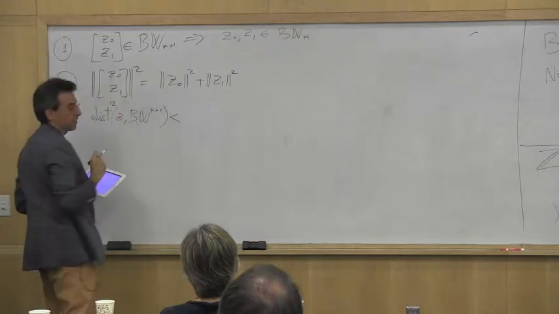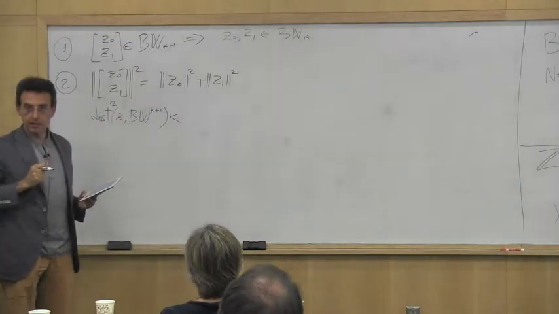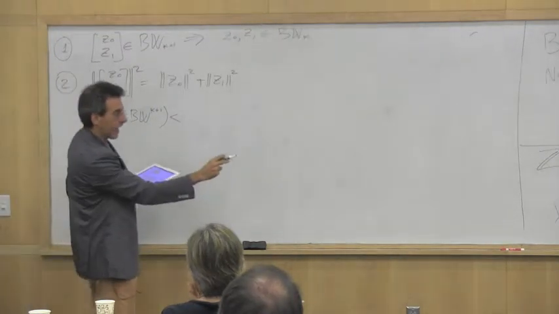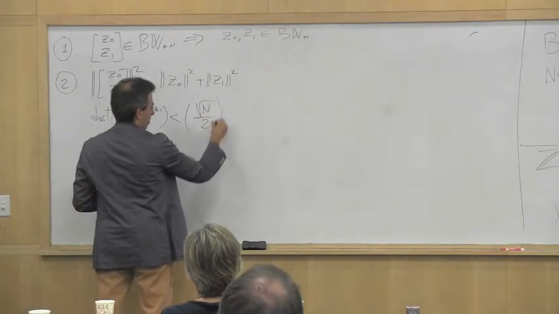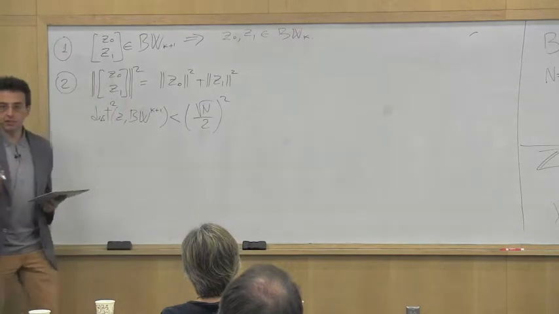If the square distance to the lattice is less than the square of the half minimum distance, so if you are in the bound.